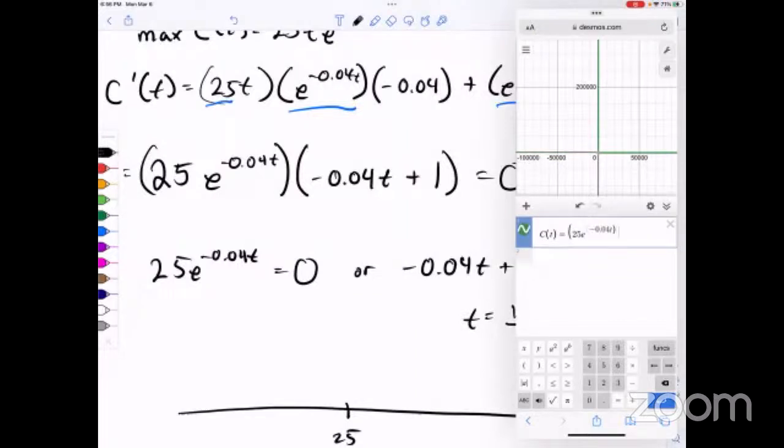Right there. And then it's basically times negative 0.04 t plus 1. Okay. So then, let's see.